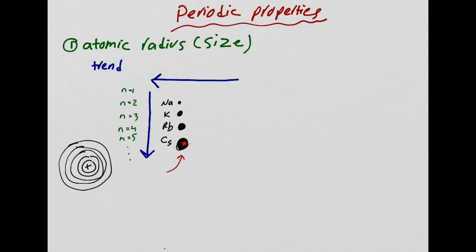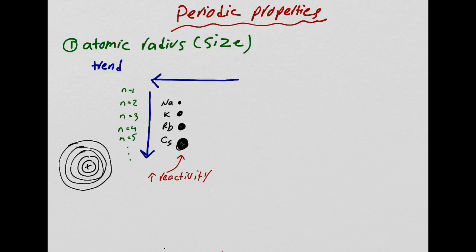When the atom is bigger, the valence electrons are far away from the nucleus, and when you're far away, you can play around. So which one is more reactive? Yes, cesium is more reactive, because the valence electrons can't really feel the positive charge anymore and they can play around.